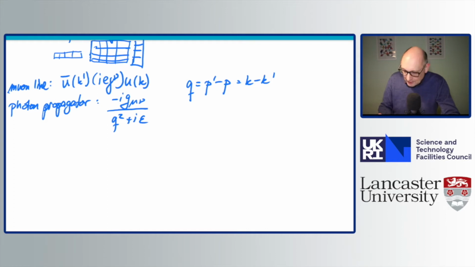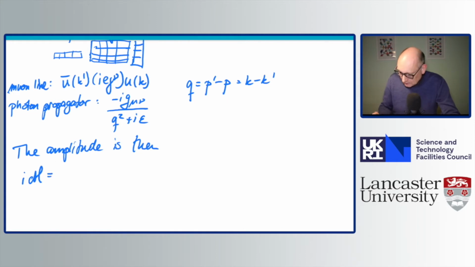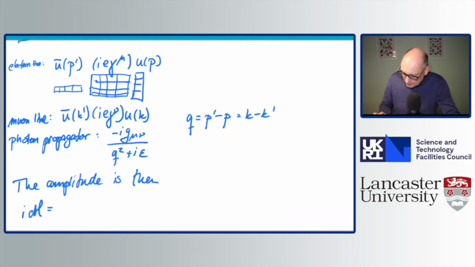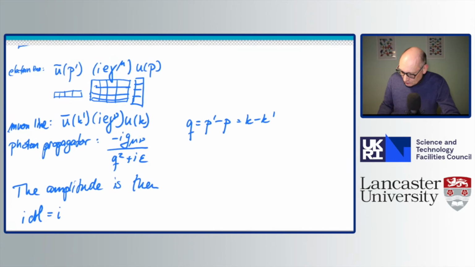Now, the scattering amplitude is then, according to the Feynman rules, iM equals, we have an i times i, that's minus 1, and then a minus i, that is in total an i. Then how many e's do we have?